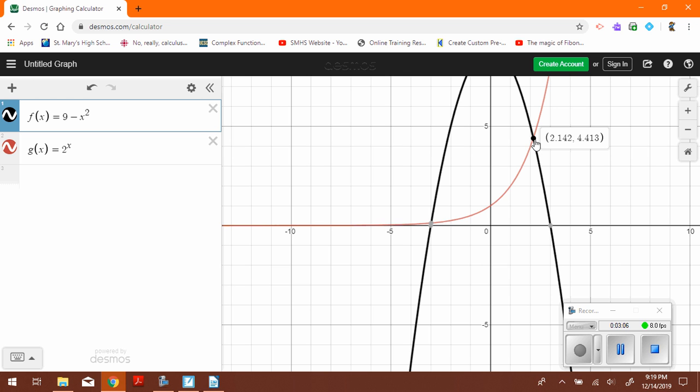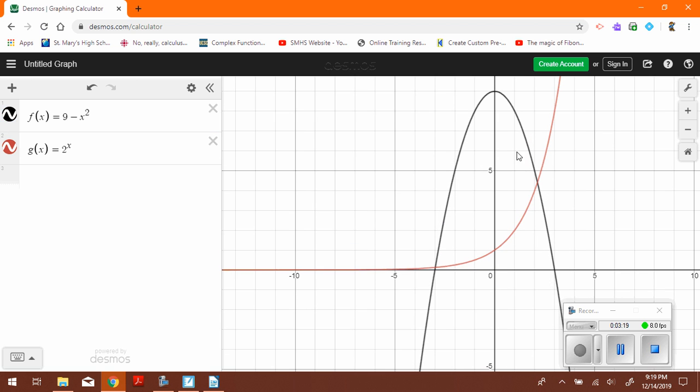The points of intersection are here and here. So from about negative 2.979 over to 2.142, that is where f of x is greater than g of x.